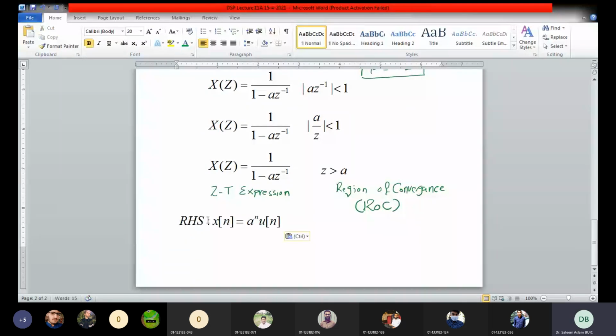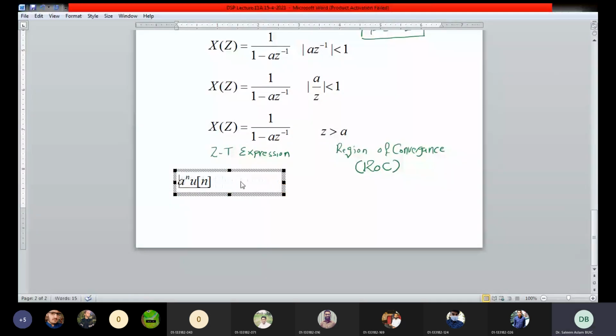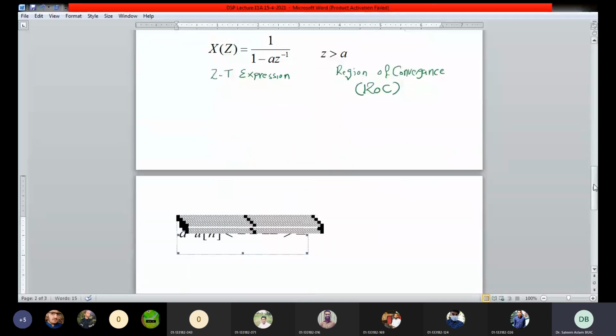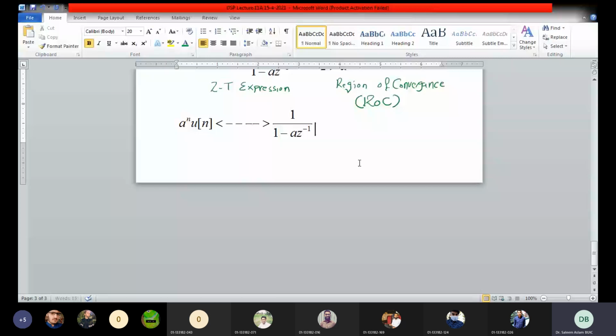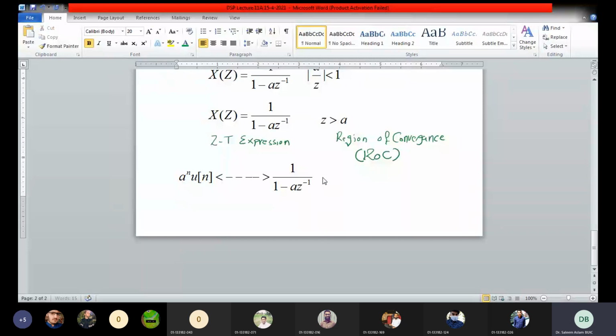If you have a to the n u of n and you want to compute its Z transform, you will have 1 over 1 minus a z inverse, and you can copy this condition from here: magnitude of z greater than a.